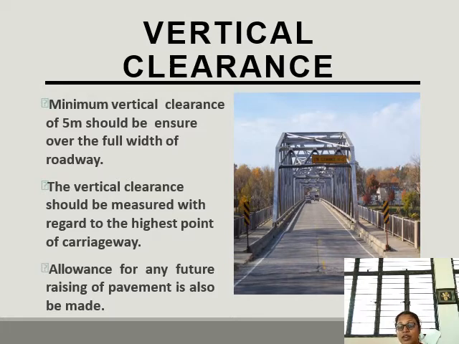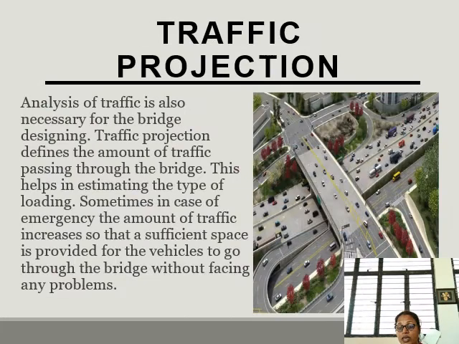A minimum vertical clearance of 5 meters should be ensured over the full width of the roadway. This is measured from the highest point of the carriageway, and allowance for any future raising of pavement should also be made.